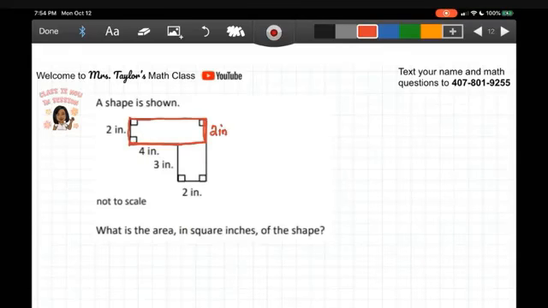So the area of the red rectangle is going to be area equals length times the width, and so it's going to be 2 times 6, or 6 times 2. So this area will equal 12 square inches.